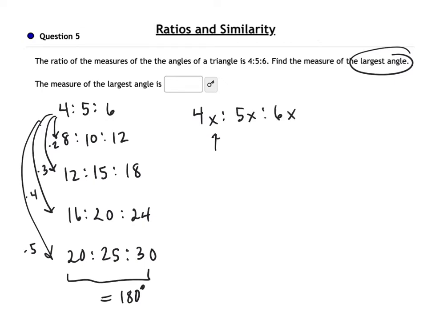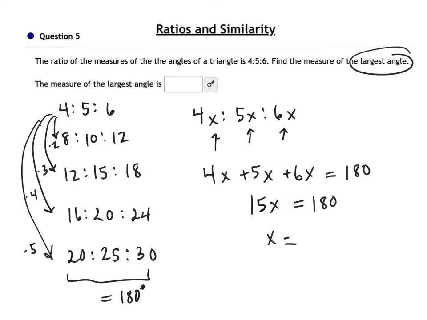And I know that these three things have to add to 180. 4x plus 5x plus 6x equals 180. That's 15x equals 180. I can divide both sides by 15, and 180 divided by 15 is 12.